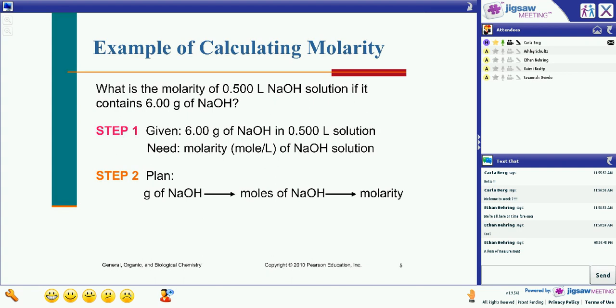That's step 2. That's our plan. Step 1 and 2 require absolutely no calculations. It is setting your problem up for success. Raise your hand if you have a question on steps 1 or 2. You're setting yourself up to succeed.